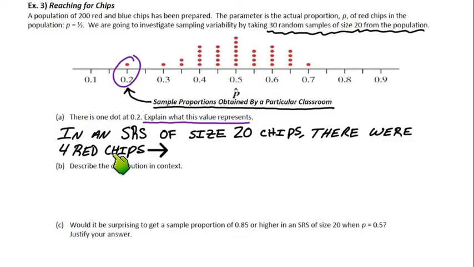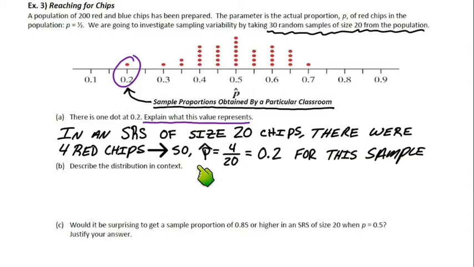How do we know there were 4 red chips? Well, if the proportion is 0.2 and they drew 20 chips out of the bag, that's how they got p hat to be 0.2, 4 out of 20. Just to be really clear, that's the result of one of these SRSs. There were 30 overall, but this is just one of them. So in an SRS of size 20, there were 4 red chips. That's exactly what the dot at 0.2 represents.